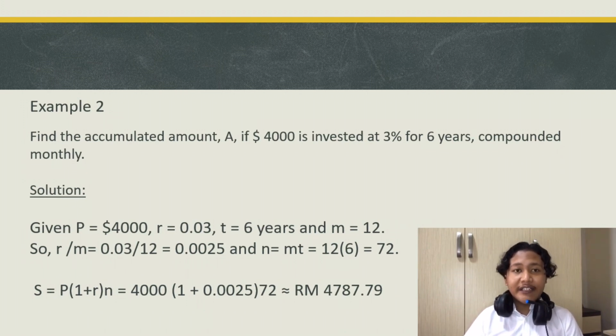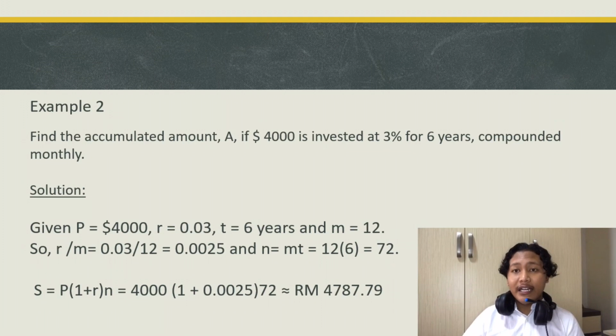It means that 3% or 0.03 is divided by 12, and you will get 0.0025. And the time period must be multiplied by 12, so 6 years times 12 months is 72 months.